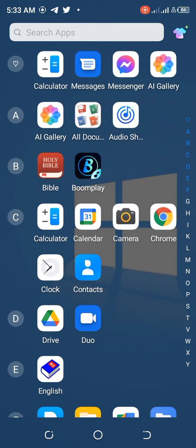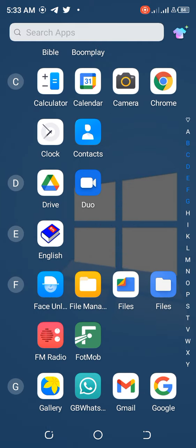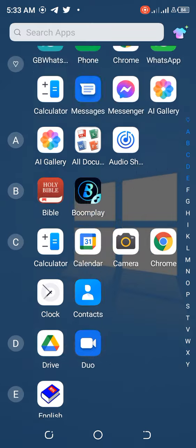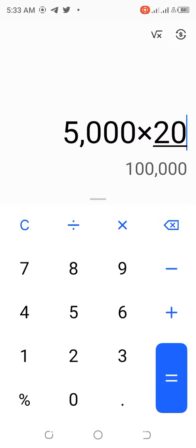Today I'm going to take you through some calculations to see if you are making profit or loss in lottery. This calculation is going to be for lottery, and we are going to do two or three different calculations.